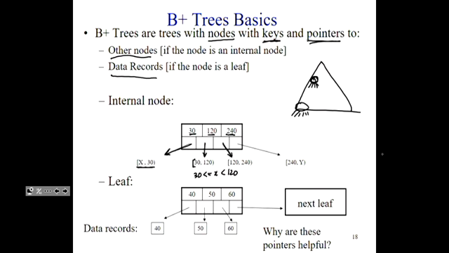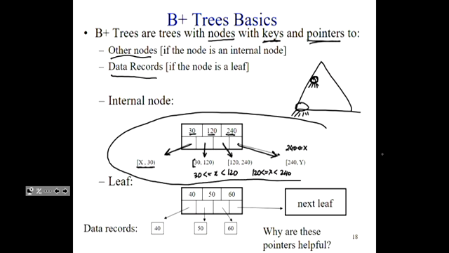Everything between 120 and 240, so 120 inclusive, can be found by looking at this pointer, and everything from 240 onwards can be found by looking at this pointer. So it will be x is greater than or equal to. Okay. So this is what an internal node looks like.